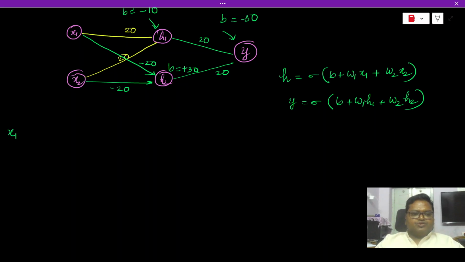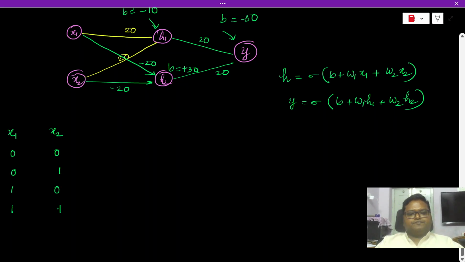Let us take x1, x2. What are these values? Firstly, it is 0, 0, 0, 1, 1, 0, and 1, 1. Now let us calculate H1. What is H1?